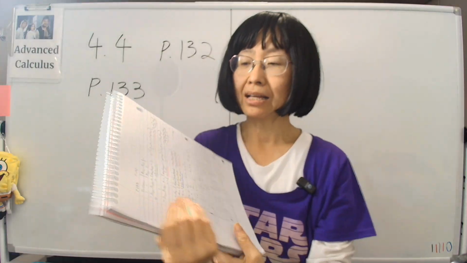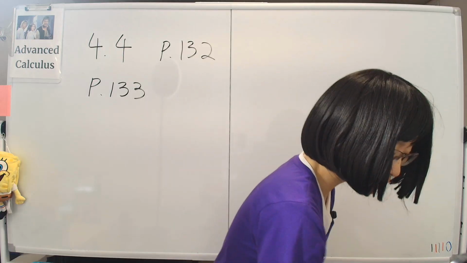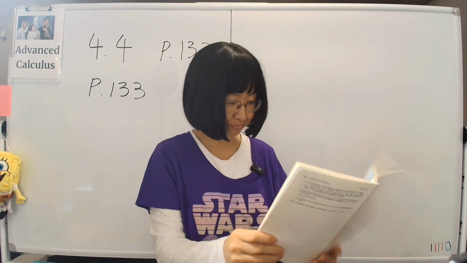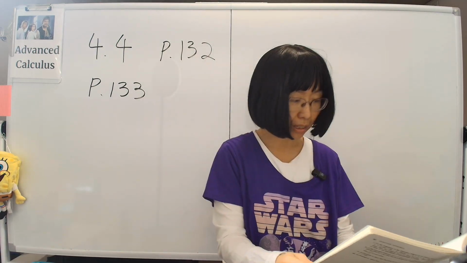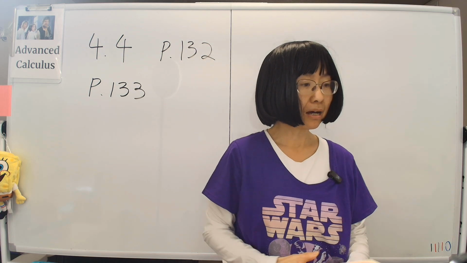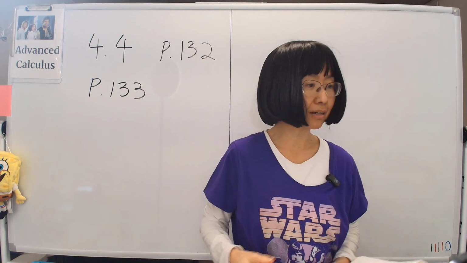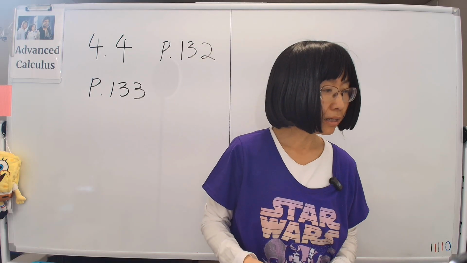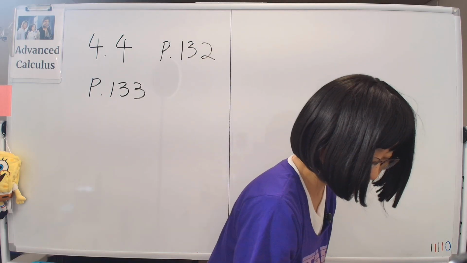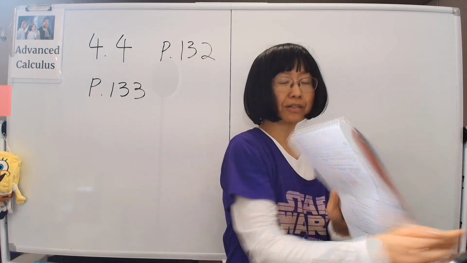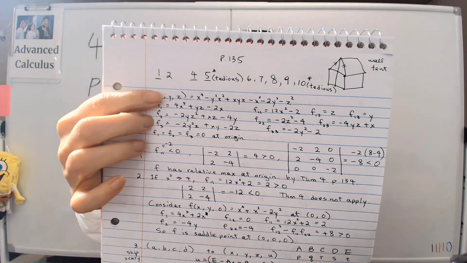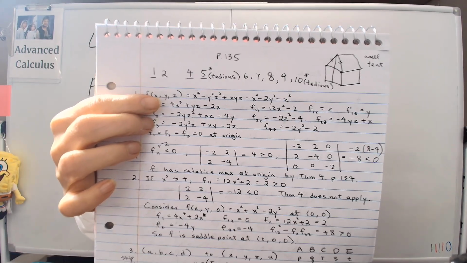All right, and with that we have come to the end of this section. For homework, please do every problem except problem 3. Let me show it to you. Where's the homework? Right here. So please do every problem except for problem 3, which is 1, 2, 4, 5, 6, 7, 8, 9, 10.